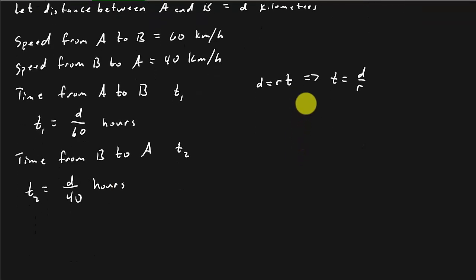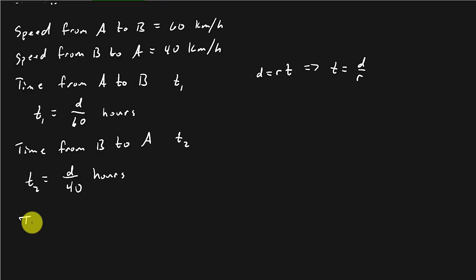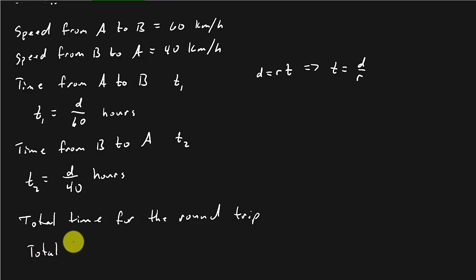All right, so now we have total time for the round trip. Total time is equal to T1 plus T2, which would be D over 60 plus D over 40.